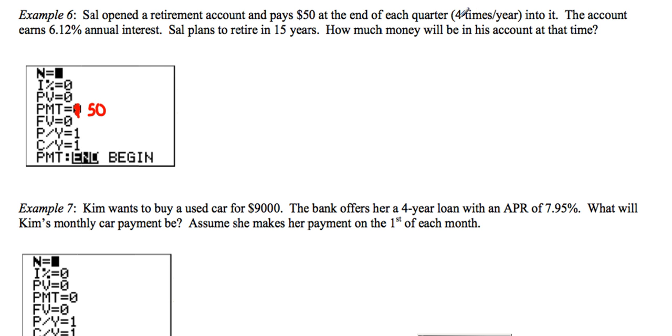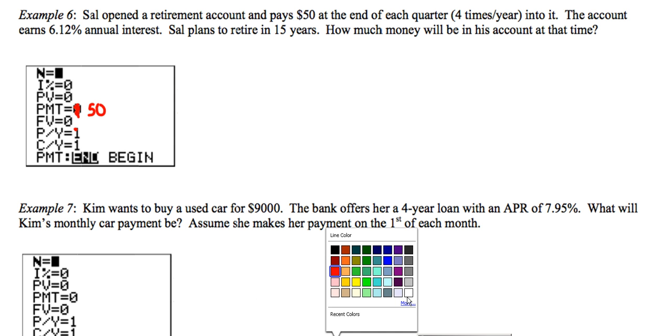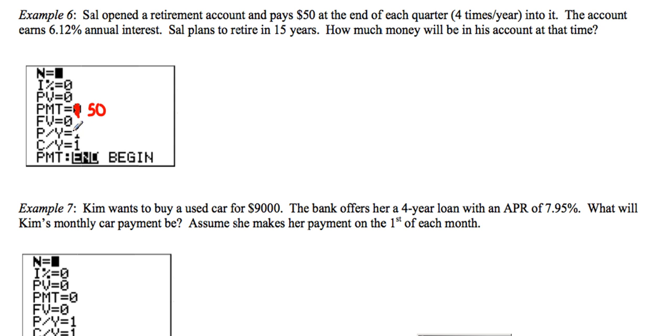Since it happens 4 times per year, let's make our payments per year 4, and then let's copy that to our compounding per year.